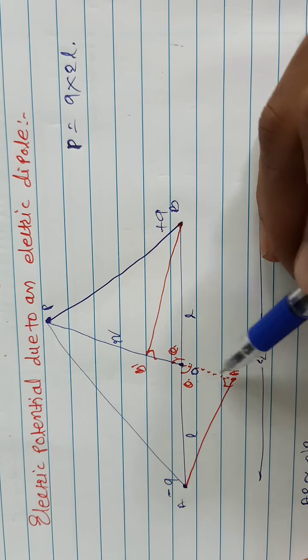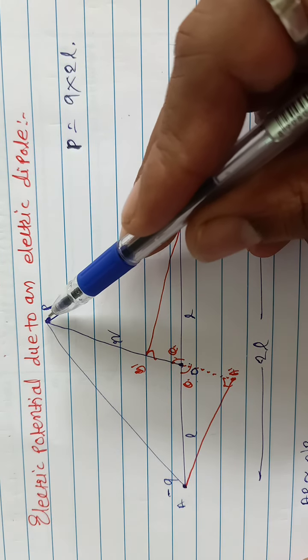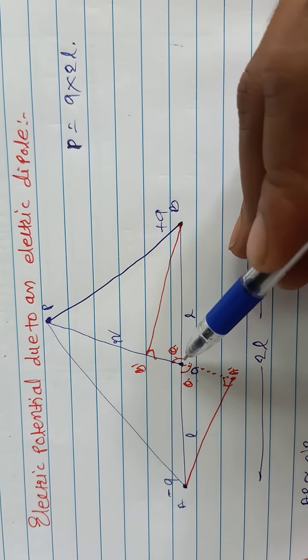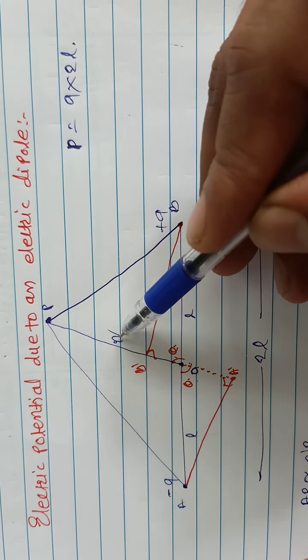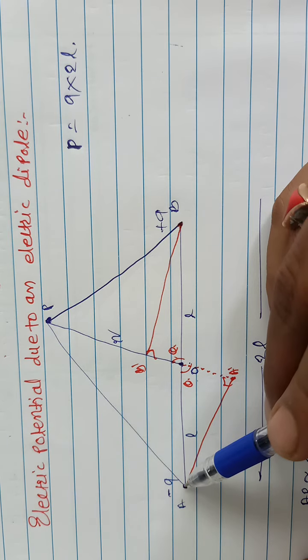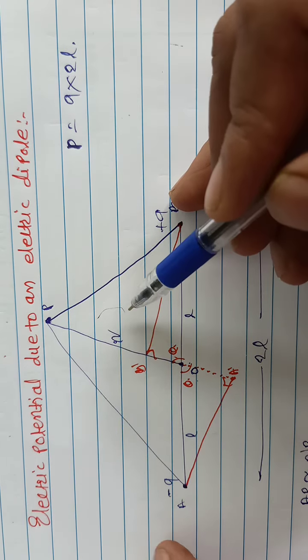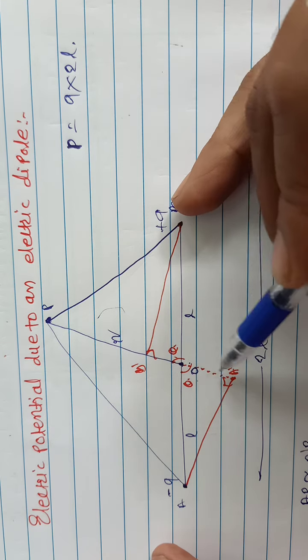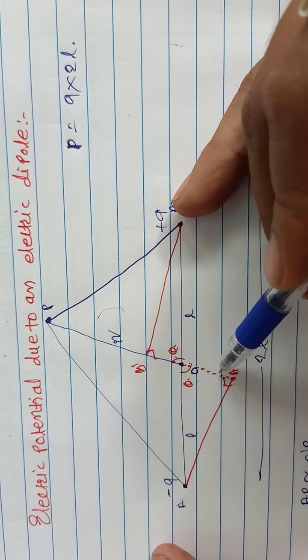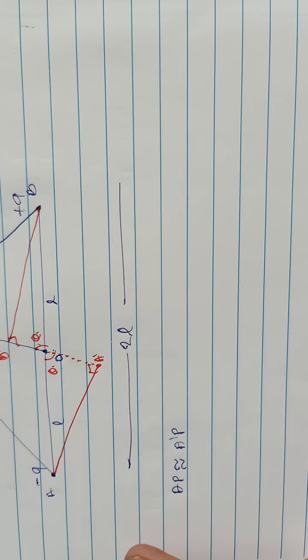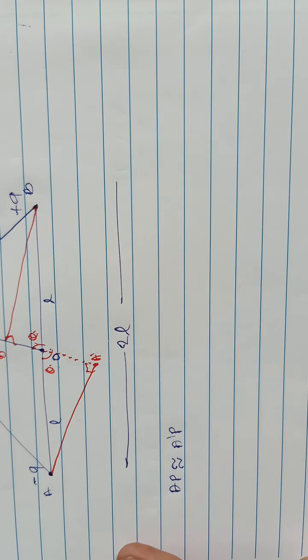We consider A dash P equal to AP because OP is R, which is large, and AP is only slightly greater than R. That's why we extend OA dash in the construction, so that AP is approximately A dash P.